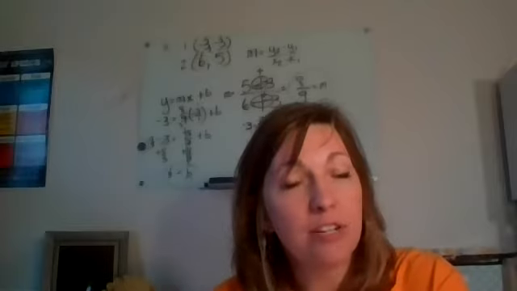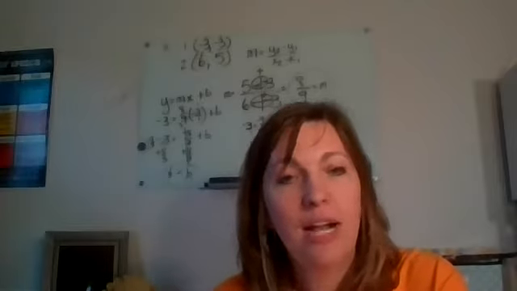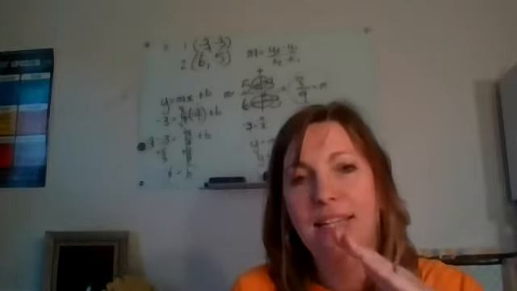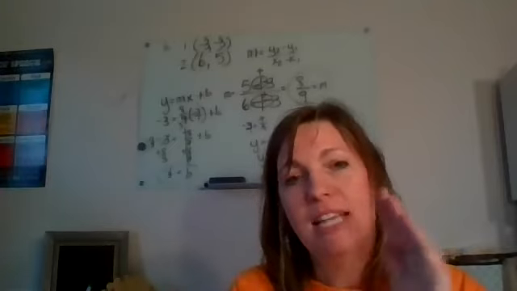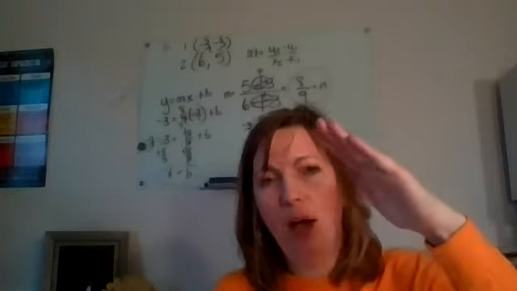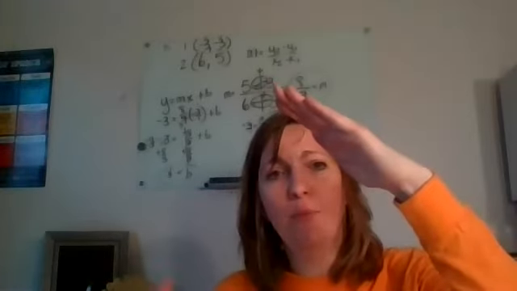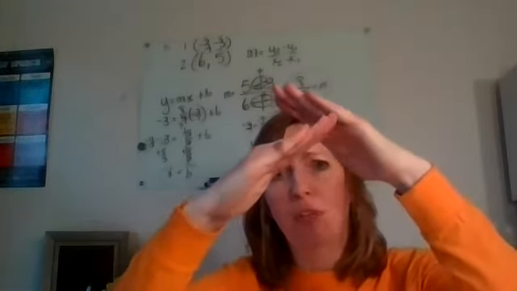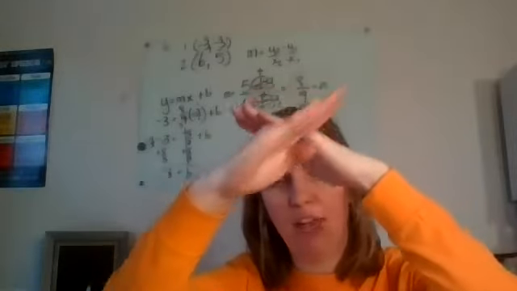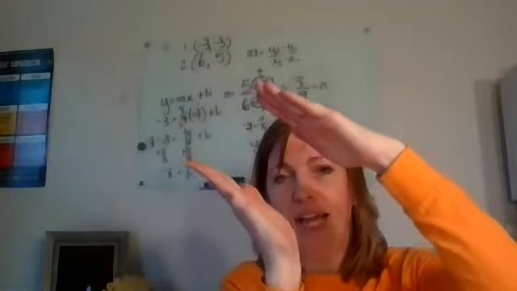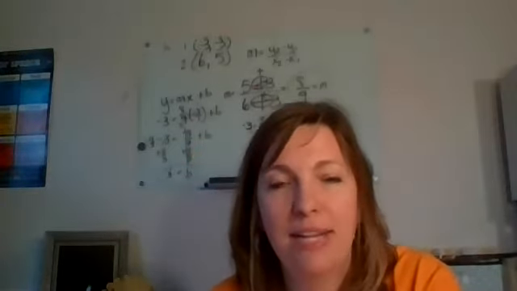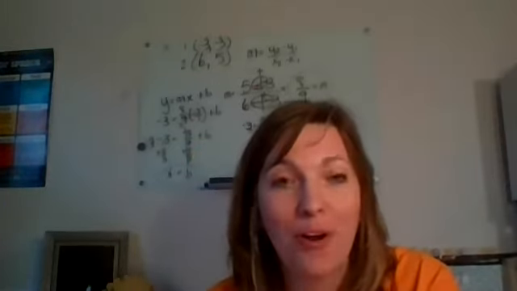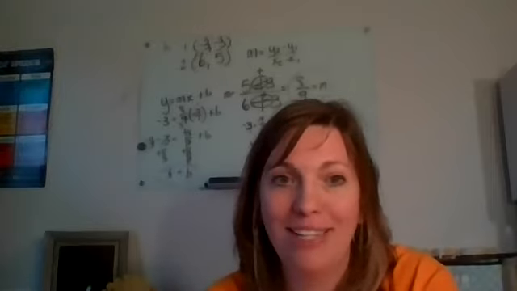Now, their y-intercepts will be different because they're going to cross the y-axis at different places, but their slopes will be the same. See, if I had one with a positive slope, rising, and one with a negative slope, those aren't parallel, they cross each other, right? True parallel lines are equidistant from each other at all points. That's what makes them parallel. Therefore, their slopes are always the same.